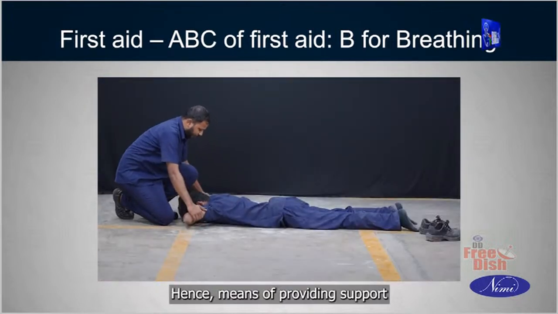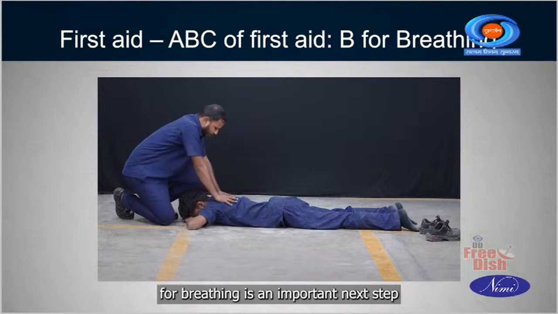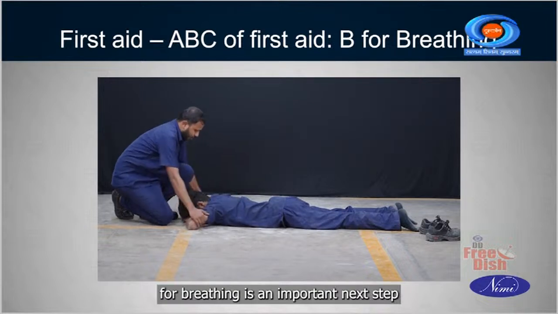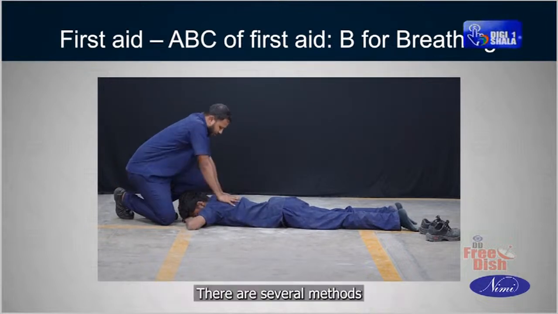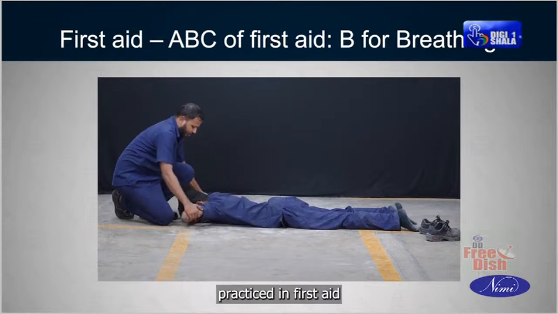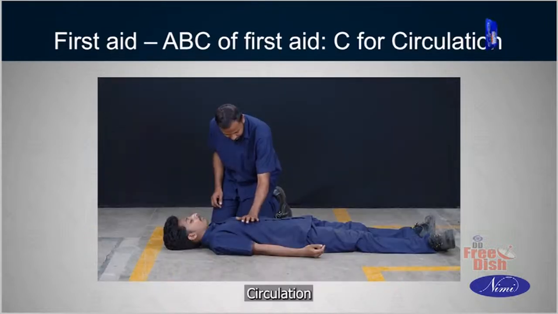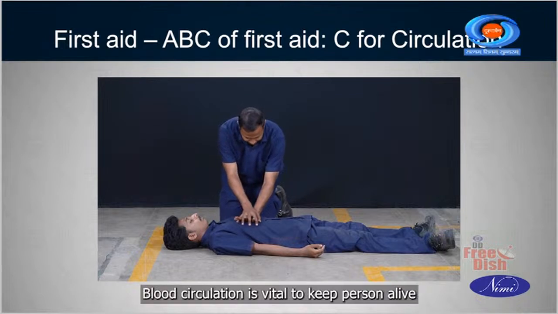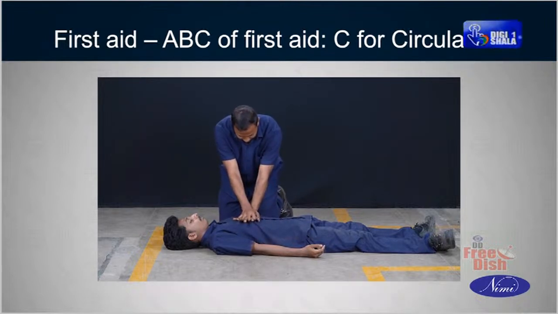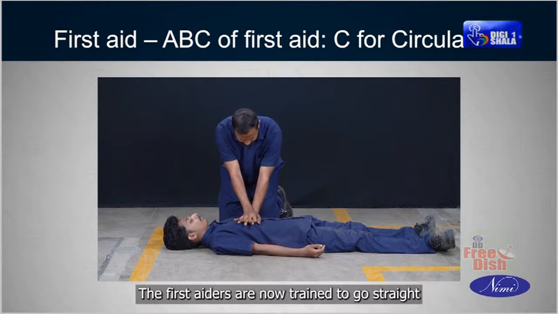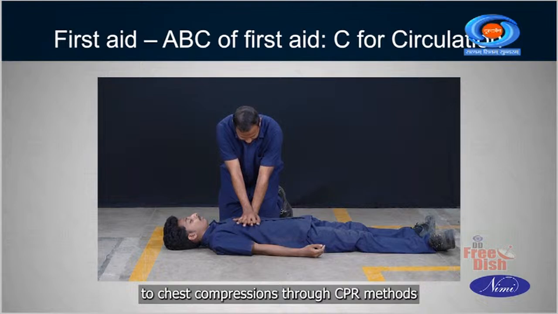Hence, means of providing support for breathing is an important next step. There are several methods practiced in first aid. Circulation. Blood circulation is vital to keep person alive. The first aiders now train to go straight to chest compressions through CPR methods.